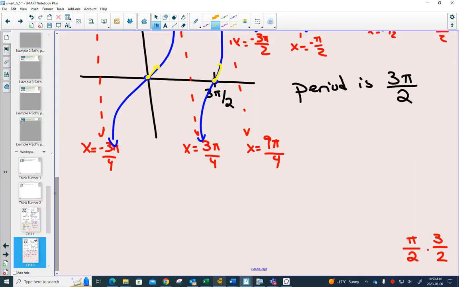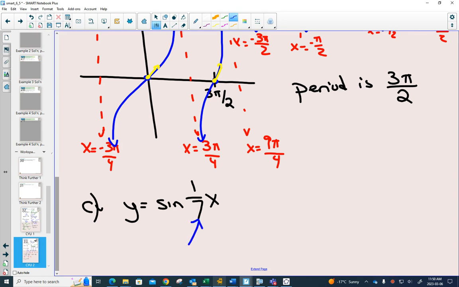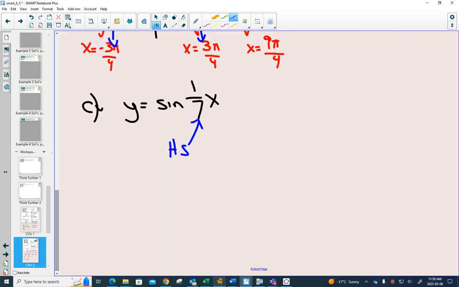And finally, part C. This 1/7 inside would be a horizontal stretch. You would multiply your x values by 7.